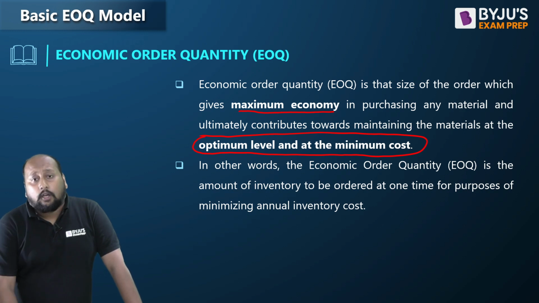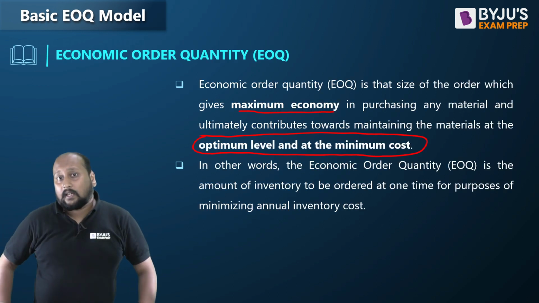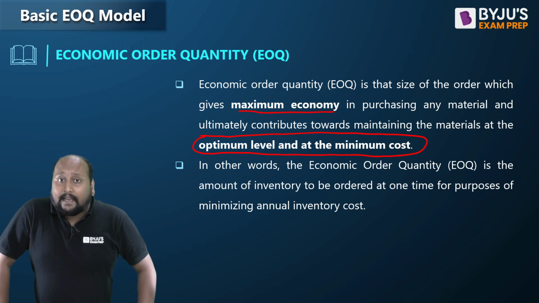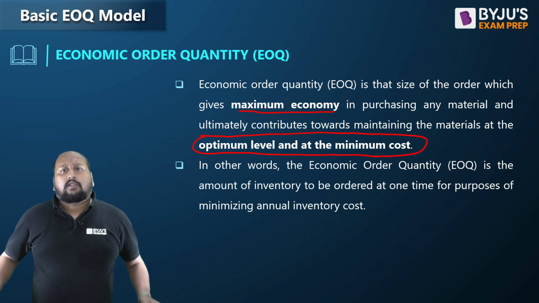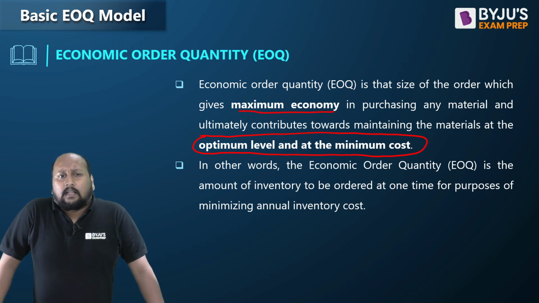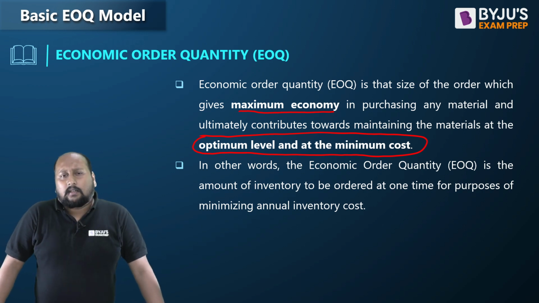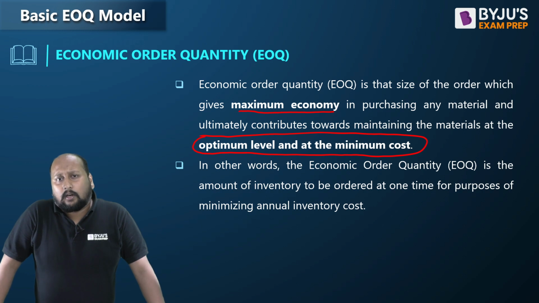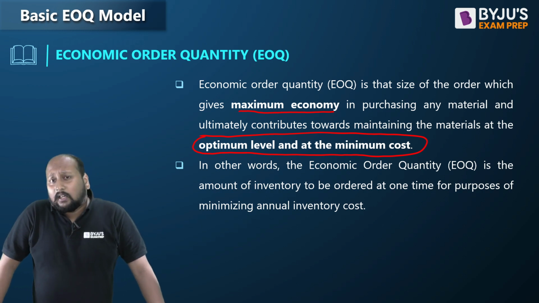Let us try to understand some assumptions, then we will move towards the economic order quantity model. Then we will frame one equation, and if you are able to understand that equation, there are other models under your EOQ models, that is your discount model, your production model, even the shortage model. They are all linked with this.